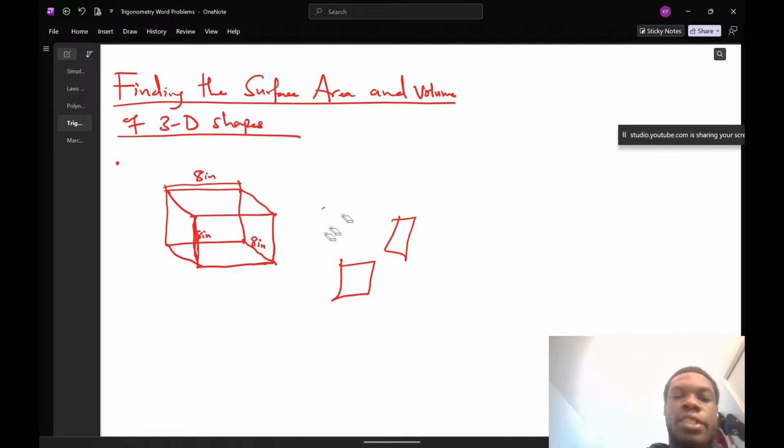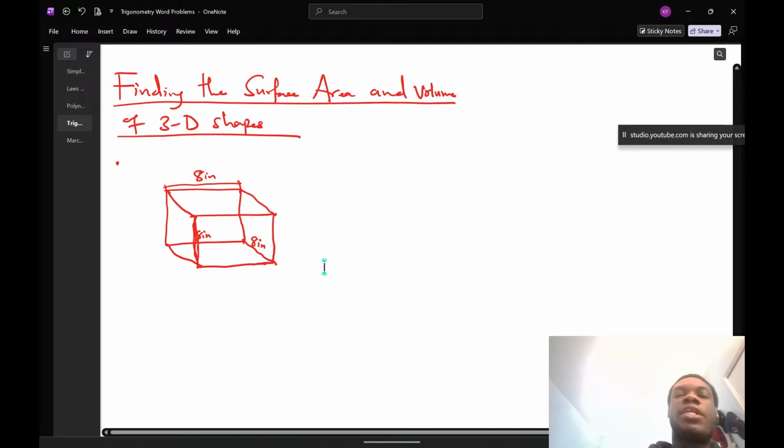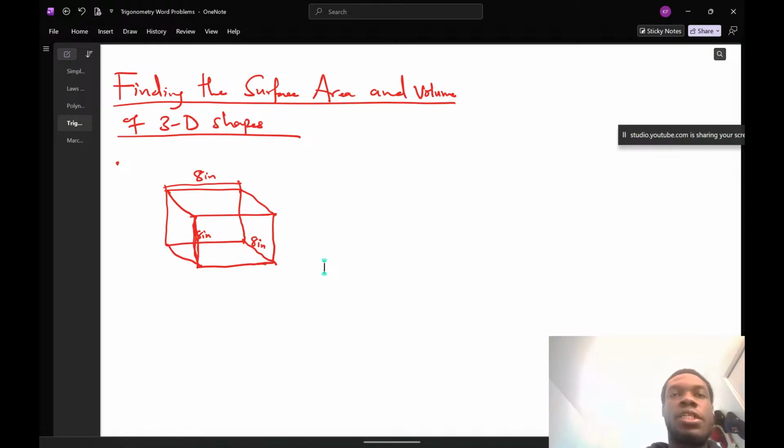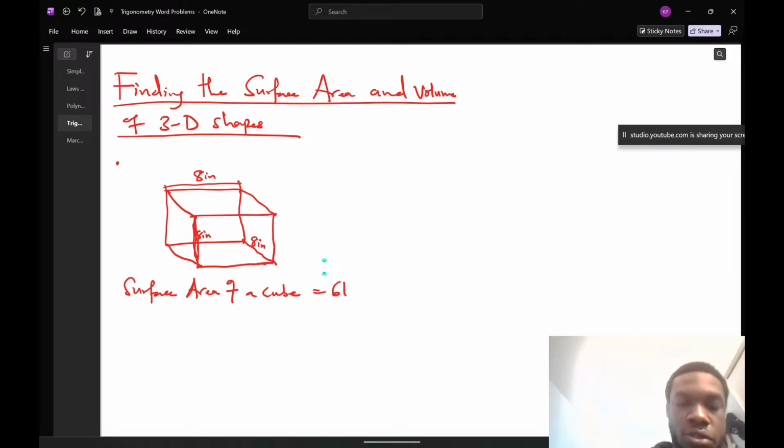So a dice is like a cube, and a cube has 6 faces, and that's why the formula for the total surface area of a cube is 6L squared. Okay, so the length is 8 inches, right?